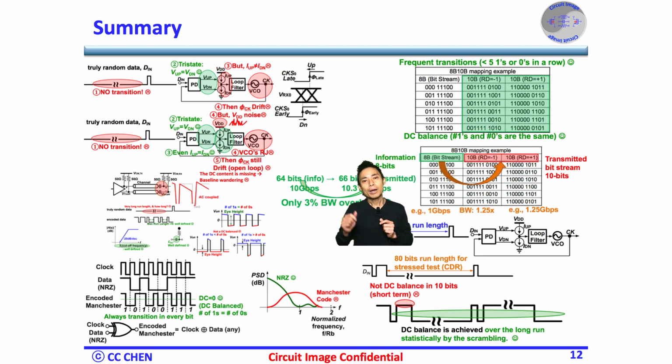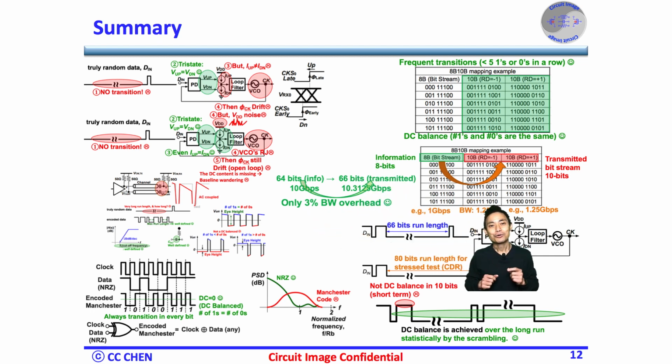Other more bandwidth efficient code, like the 64b/66b, would only have 3% bandwidth overhead, which is very attractive at a high data rate beyond 10 gigabit per second. Of course, the run length would be 66 bits in the 64b/66b, and the CDR must tolerate 80 bits run length for a stress test in the protocol.